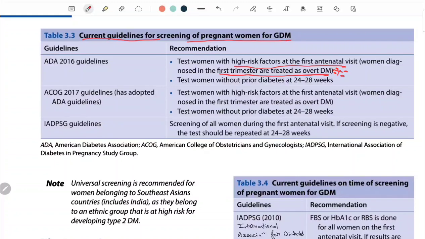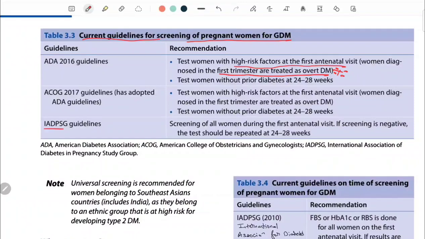Now next is ACOG, American College of Obstetricians and Gynecologists. They test women with high risk factors at the first antenatal visit. Women diagnosed in the first trimester are again treated as overt diabetes mellitus, and also they test women without prior diabetes at 24 to 28 weeks.